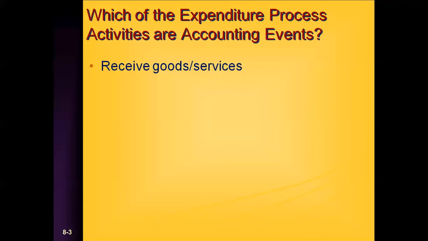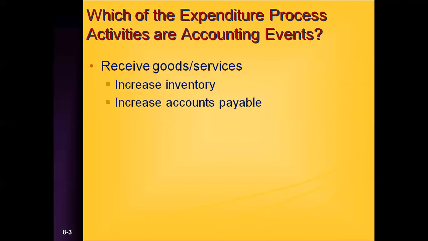The reason this triggers an accounting event is that specific accounts are impacted. Your inventory account, which is an asset account, increases, and also your liability account, especially if you purchase things on credit, you have an increase in your accounts payable.